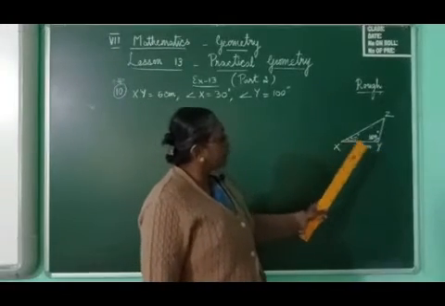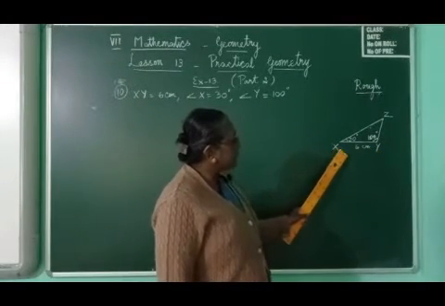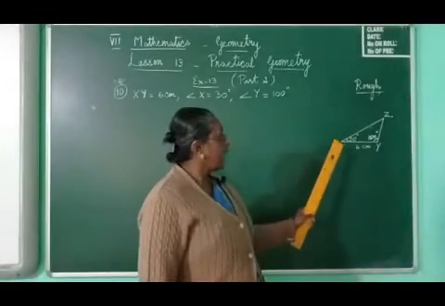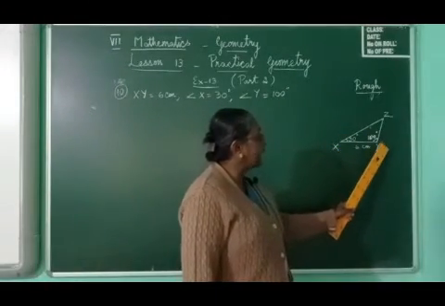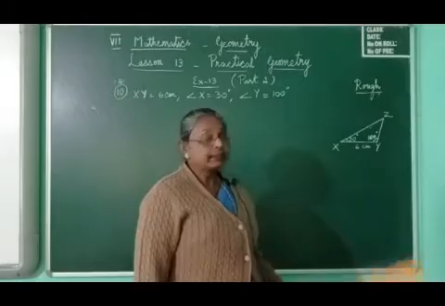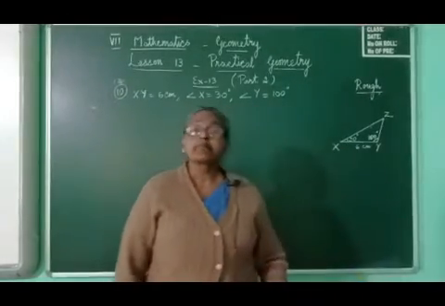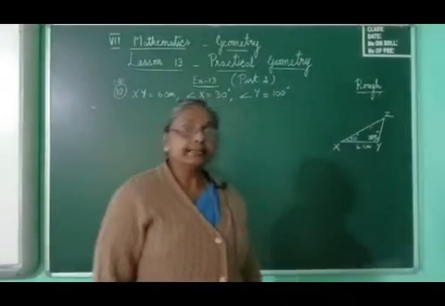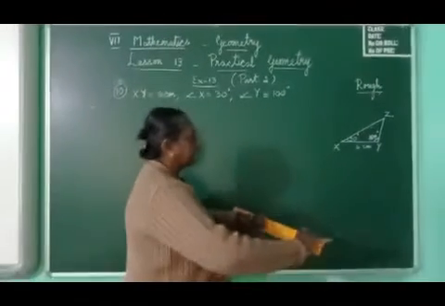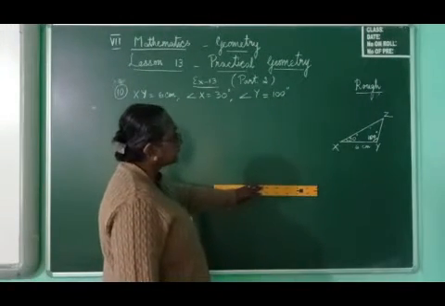So we can draw a rough figure having the base to be 6 centimeters and angle X 30 degrees, angle Y 100 degrees. Then we can construct the triangle XYZ. So to begin with, as usual, we will draw the base.